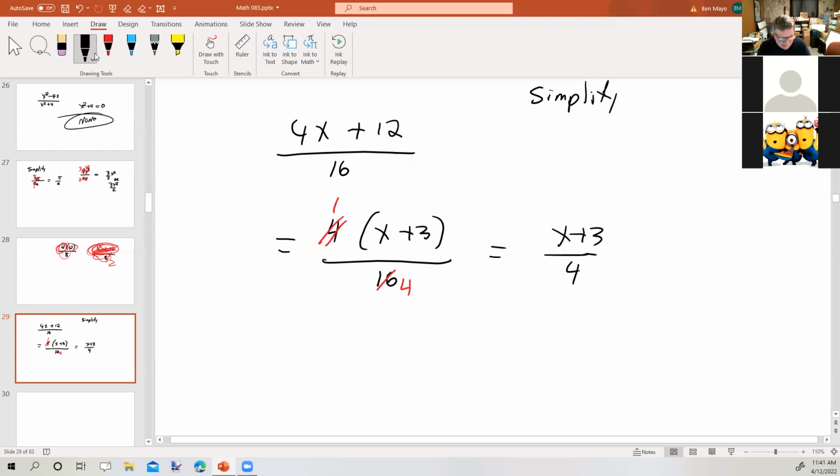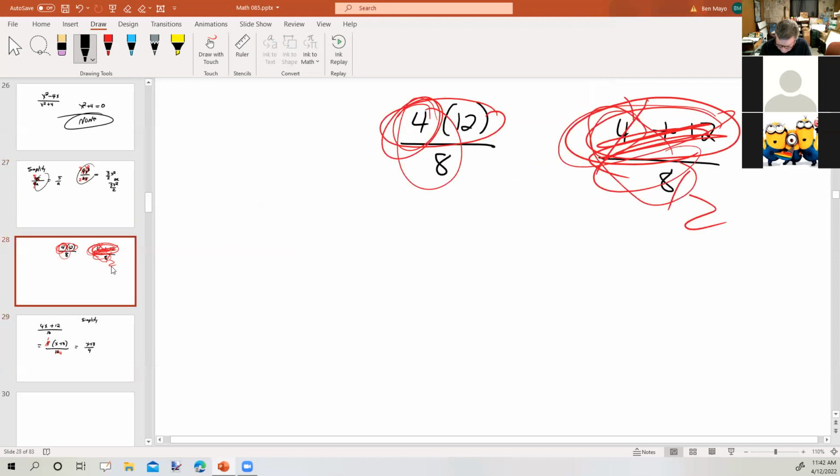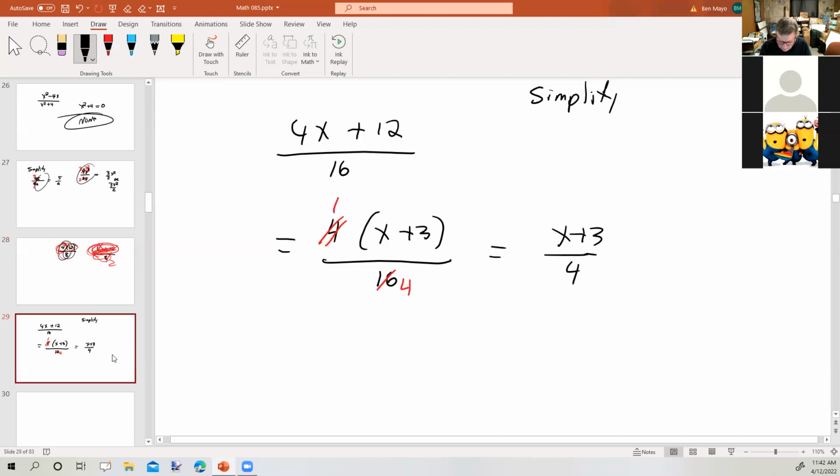Okay, you can reduce common factors on top and bottom. You cannot reduce terms. If the factors are factors of the entire numerator and the entire denominator, you can reduce them out like we did here and here and here and here. But if they're not, then you can't. So what did I do? I factored the numerator, took out the greatest common factor so that I could reduce it down.